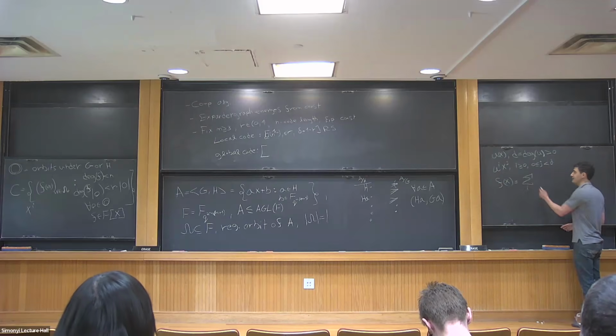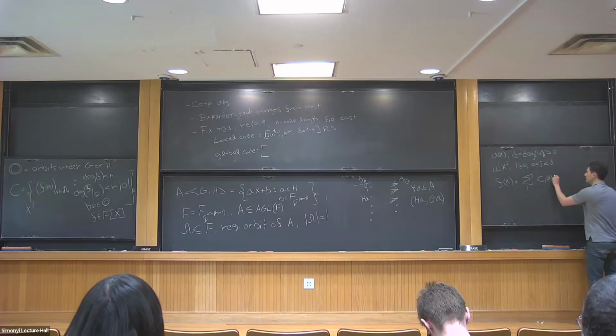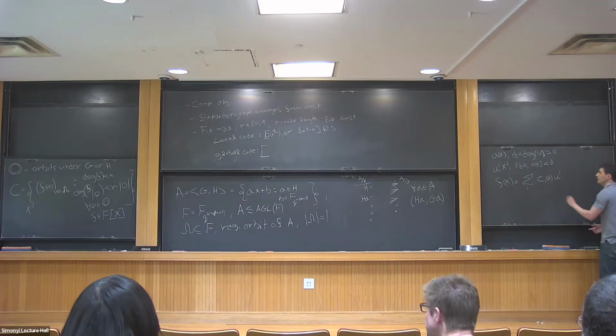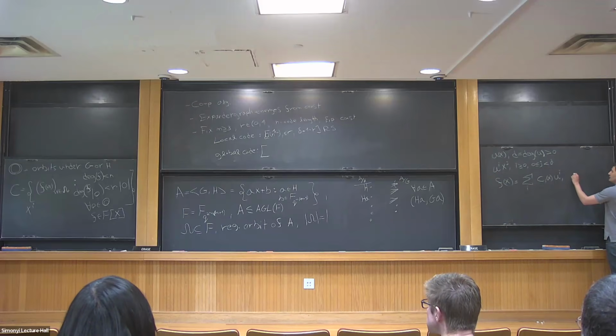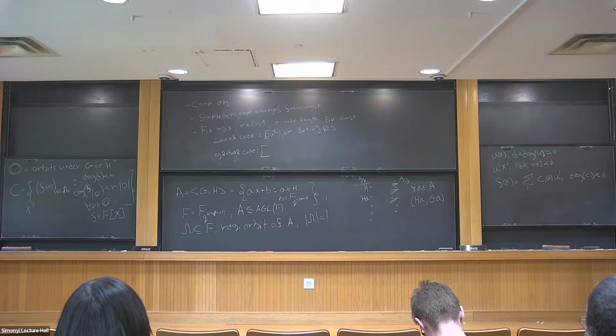In other words, I can write it as a summation of C_i times U to the I, where the degree of each C_i is less than D. I can always write this for any polynomial.